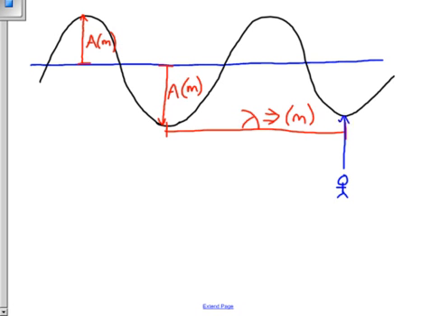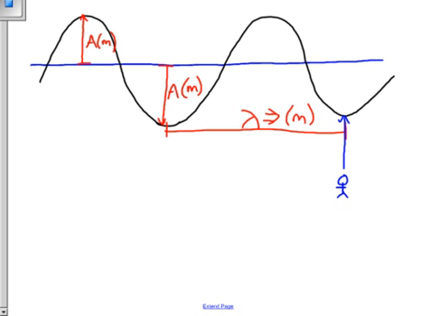So you need to write that down. The time from one spot to the same spot on the wave, the time for one wavelength to go by, we're going to call that the period, or T. The name for it is going to be period, and that's going to be measured in seconds.